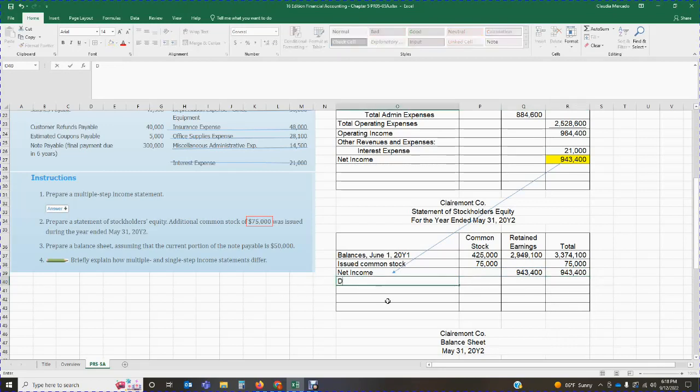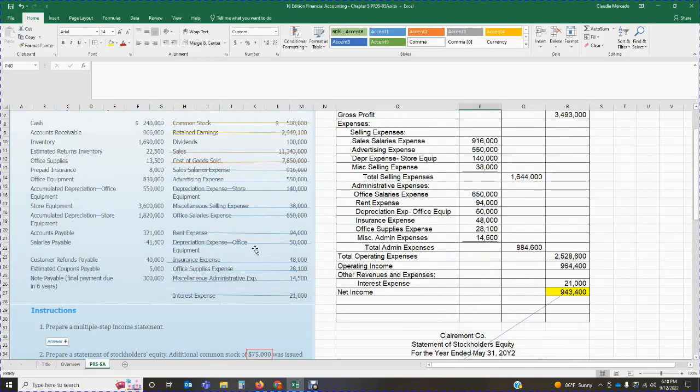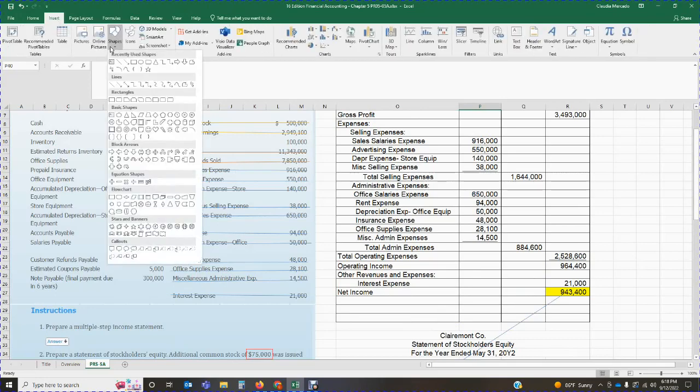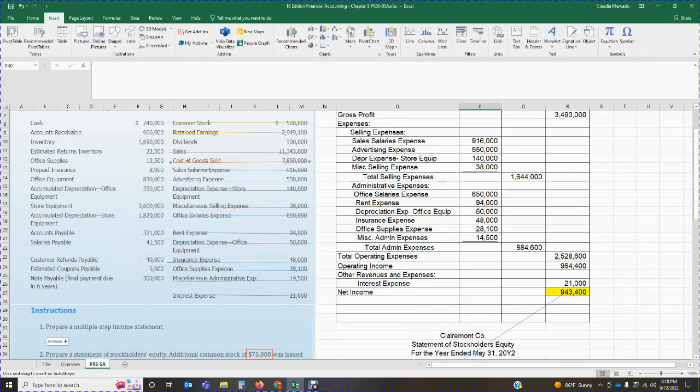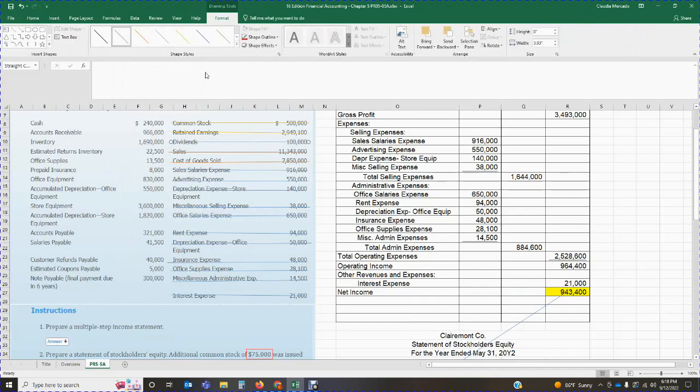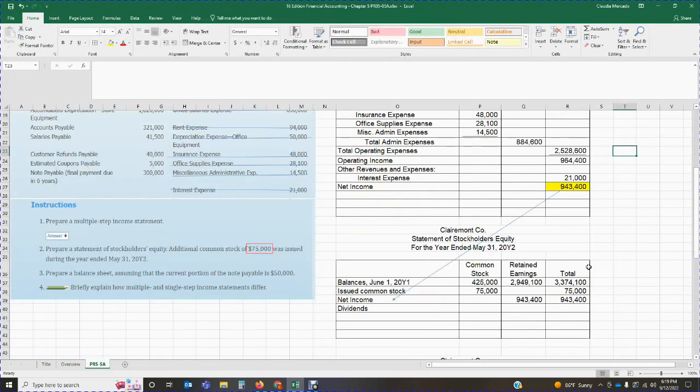Did we have any dividends? Let's look over here. We had dividends of $100,000. Dividends affect our retained earnings, and they decrease our retained earnings. Why? Because we're paying money out.